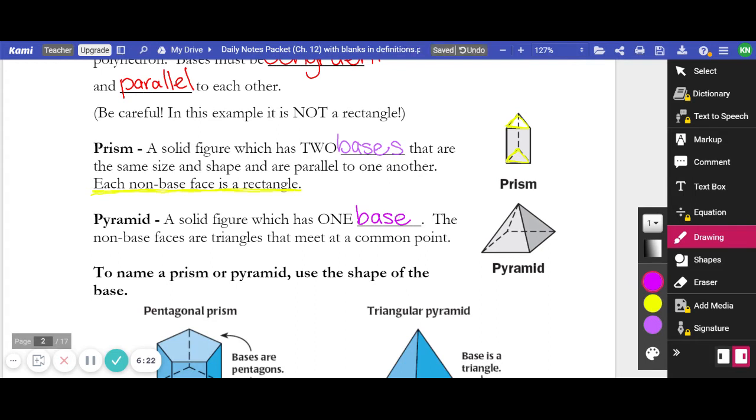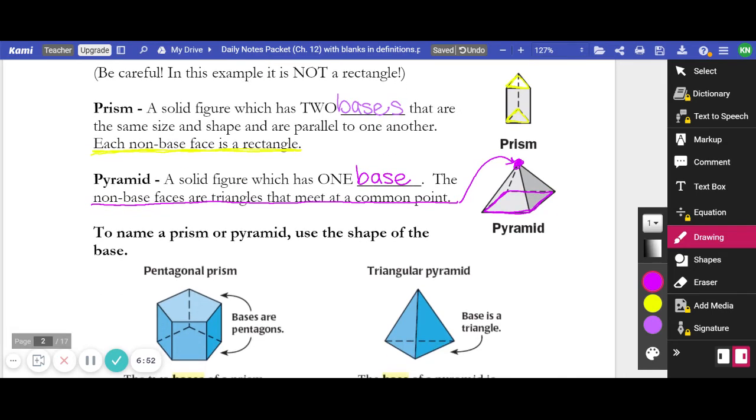And the non-base faces are triangles that meet at a common point. All those triangles lean in towards each other and they hold each other up by touching at the top. The pyramids at Giza are like this one here that have a square base on the bottom. But they don't have to have square bases. They can have other polygon bases.